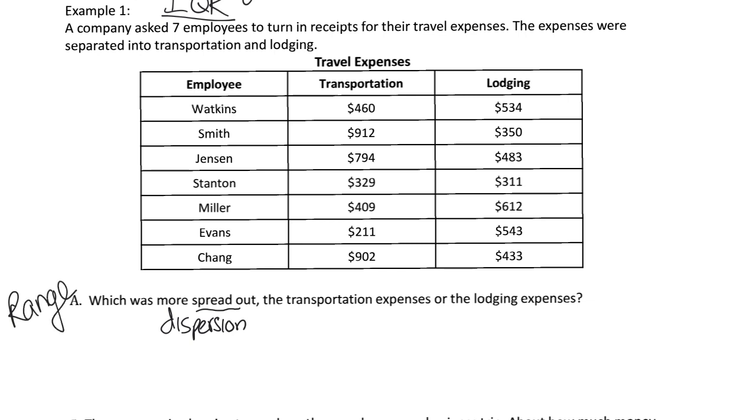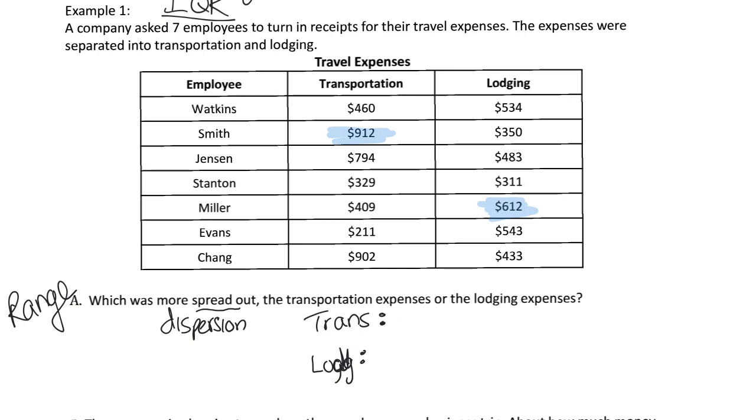So let's find the range of transportation and the range of lodging. Okay. So I'm going to highlight my biggest numbers. So for transportation, we have 912. For lodging, it's 612.